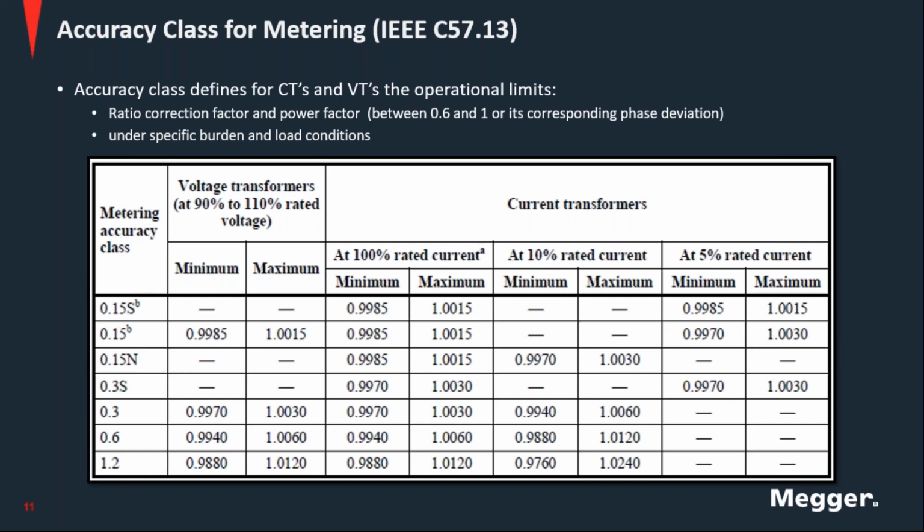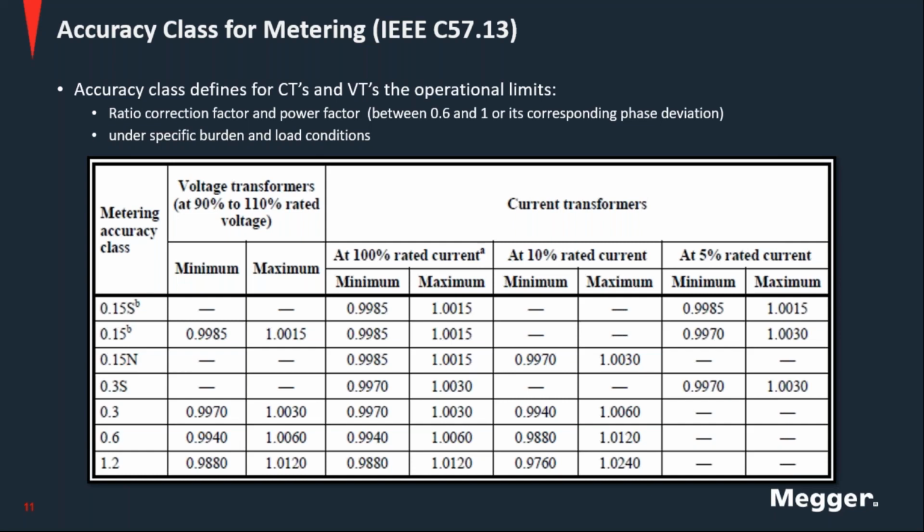The ratio correction factor defines a minimum and a maximum. Every transformer has a transformer ratio, and you can define the ratio correction factor from that error, creating a minimum and a maximum deviation in magnitude. And we also have defined the maximum deviation in phase.